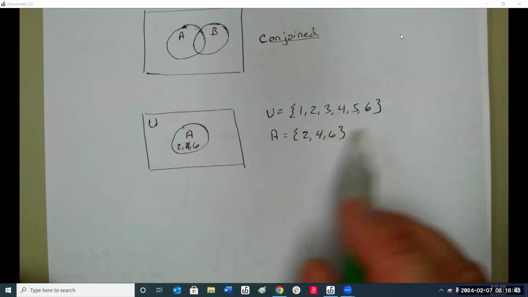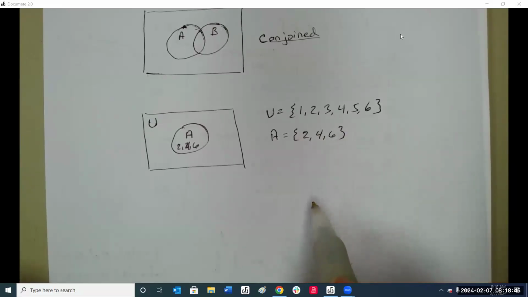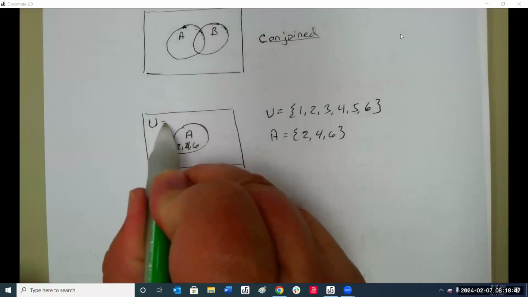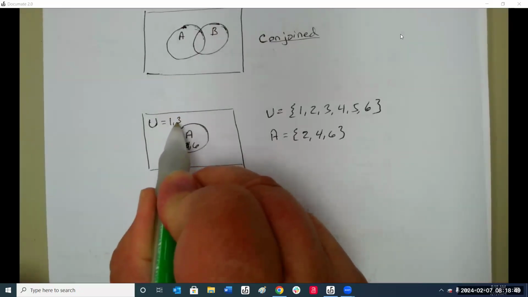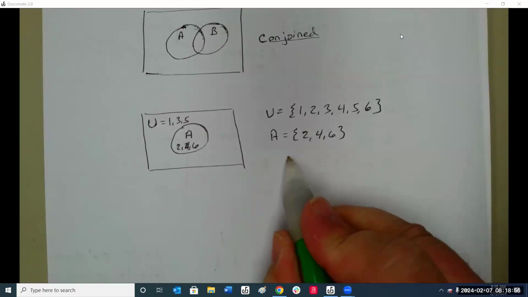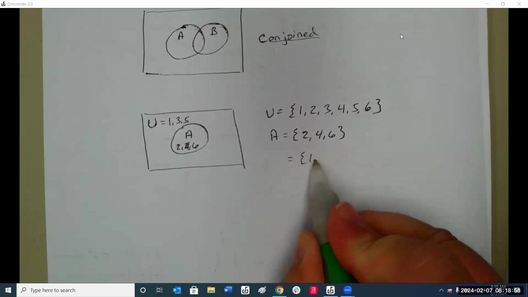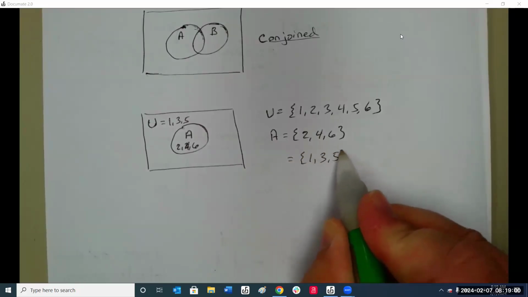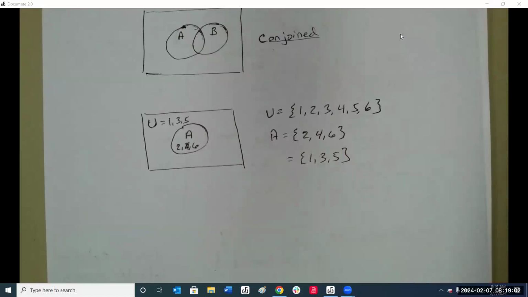And what about the rest of the numbers? Where do they go? They go out in the universe, right? That's what's left out there. So whatever's left is 1, 3, 5. What is that set called?